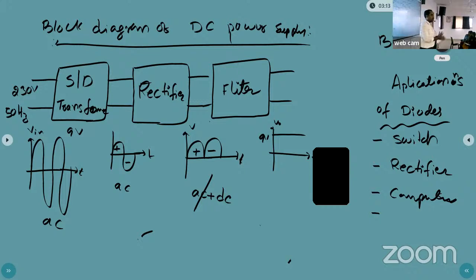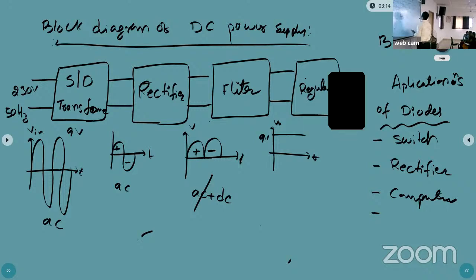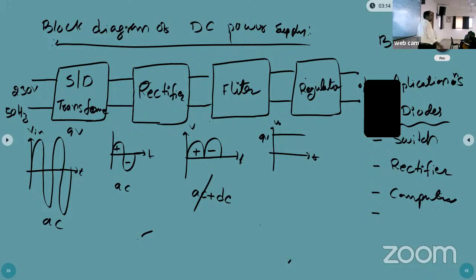Now we got the pure DC voltage, but it is 9 volts. How much voltage is required for our mobile phone? 5 volts. So we can use voltage regulators. With a voltage regulator, whatever output voltage you require, you can get.